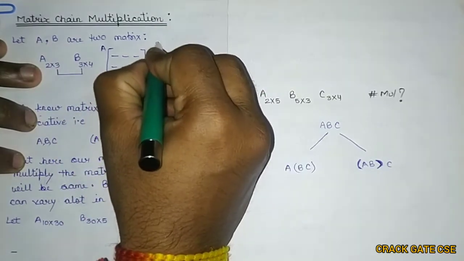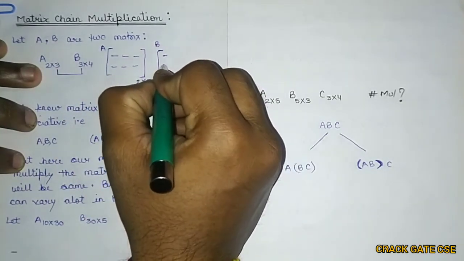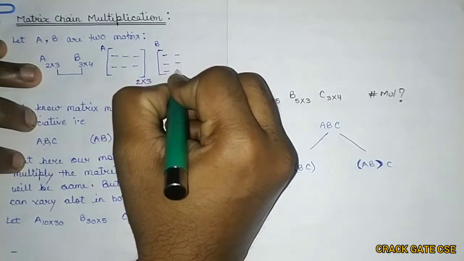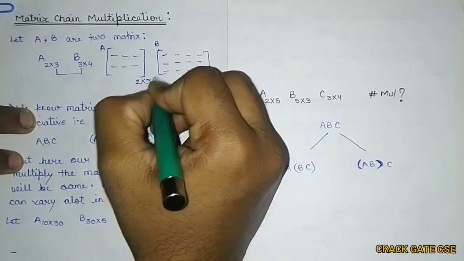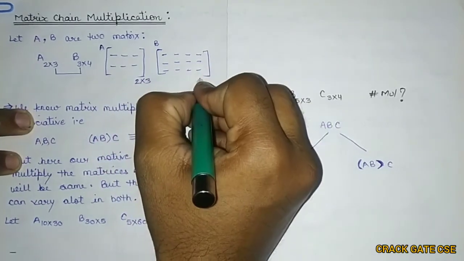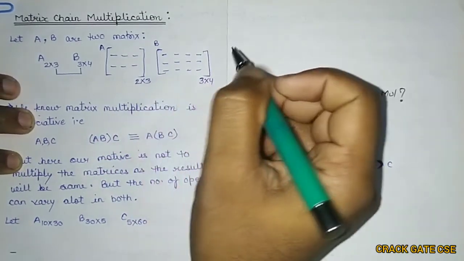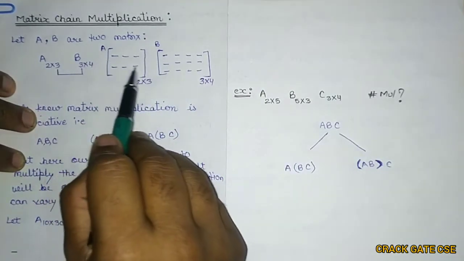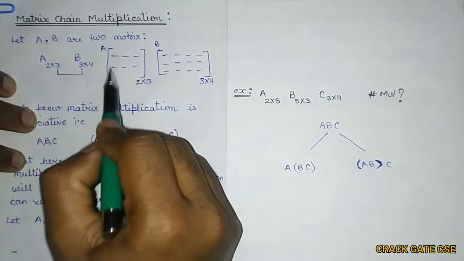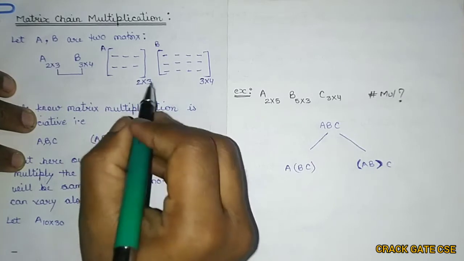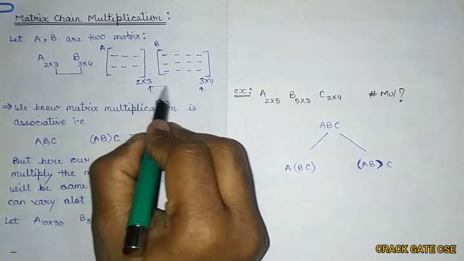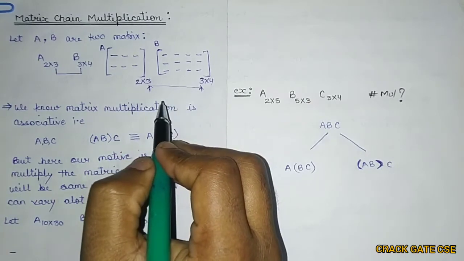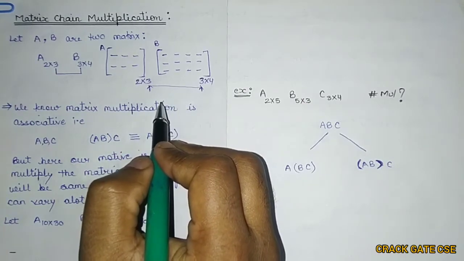Similarly, let B be a matrix with 3 rows and 4 columns, so this is 3 by 4. Here you can see that the number of columns of A, that is this 3, is equal to the number of rows of B, that means this 3 is same. If this is the case, then only we can multiply it.